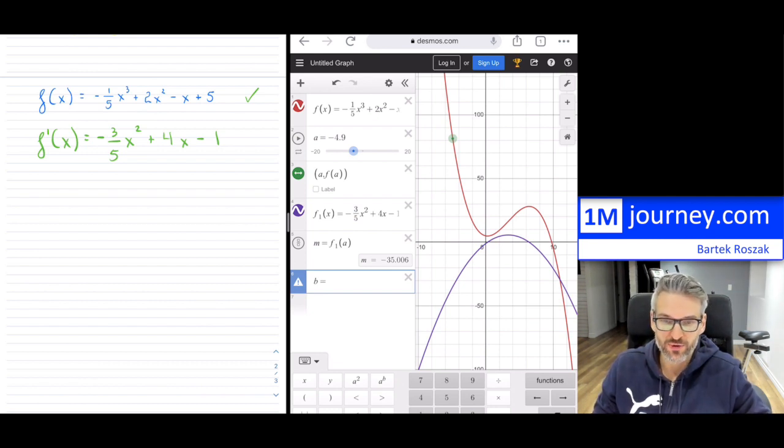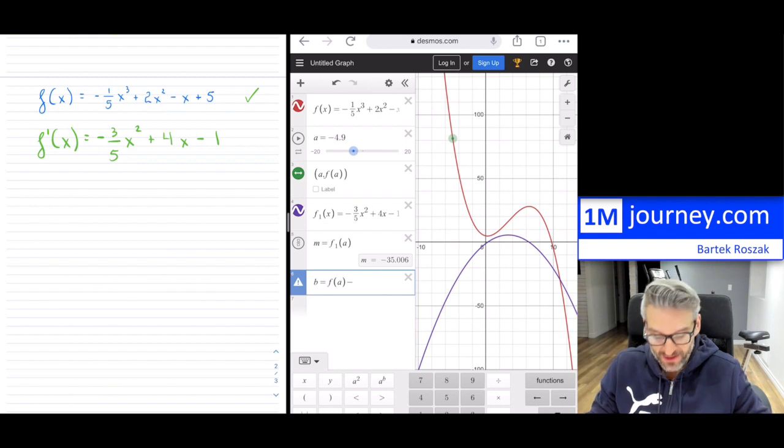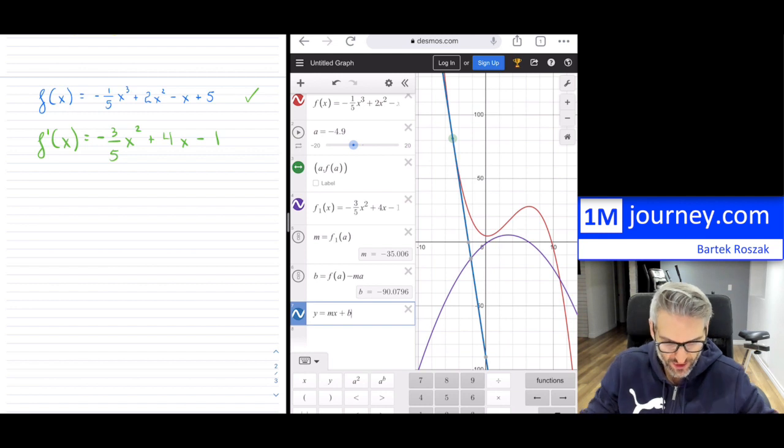So b is equal to y, and y is nothing else but f of a. Then the mx I can bring to the opposite side as I'm solving. So I'm just rearranging y equals mx plus b for b. So this will be m times a, and here's my b. Let's see if I did it correctly. So I did. There you go.